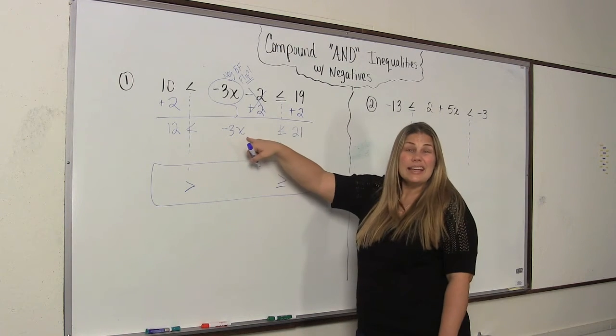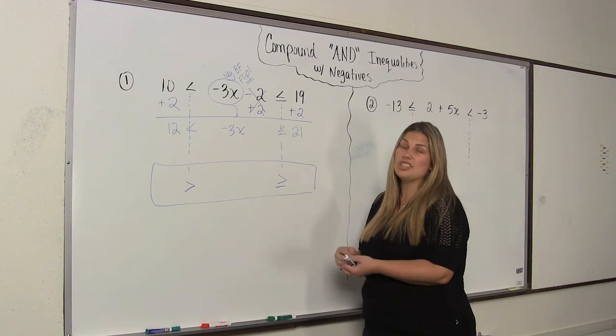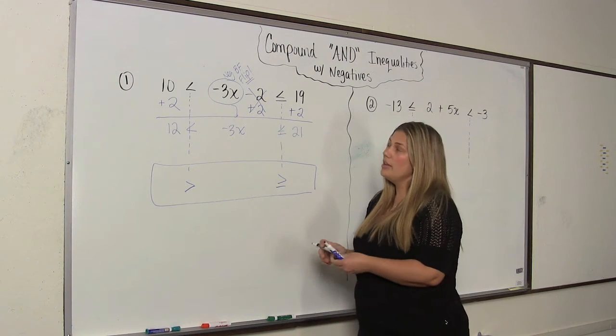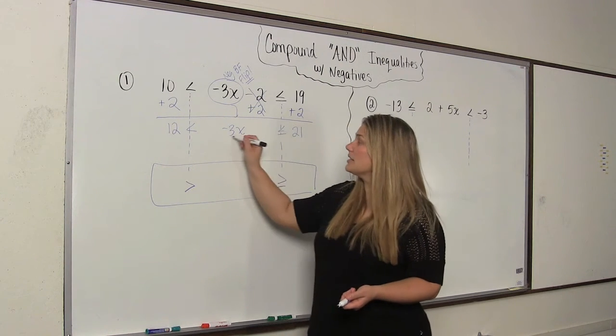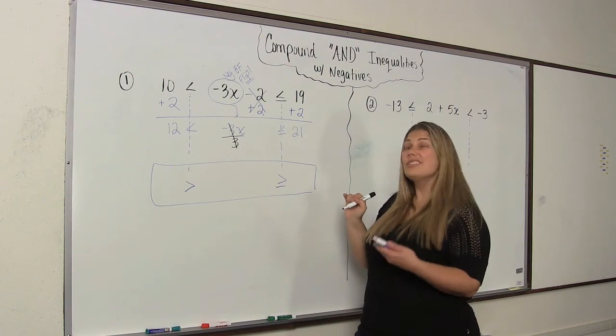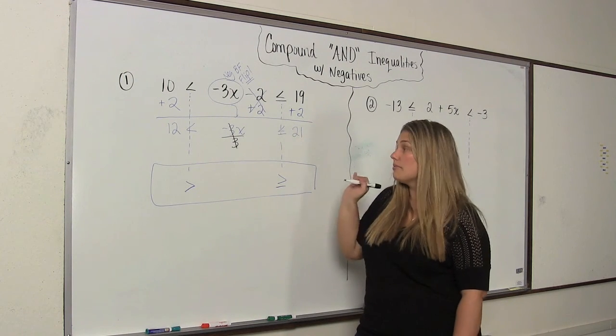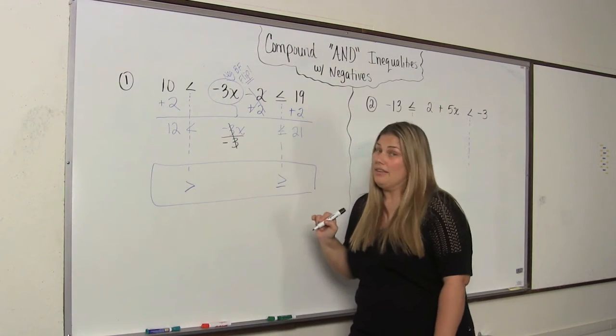But now I still have that negative 3 touching the x. And remember, touching means multiply. So to get rid of multiplying by a negative 3, I can't just divide by 3 because only the 3's would cancel out. I also need the negative to cancel out. So I'm not just going to divide by 3, I actually have to divide by negative 3.